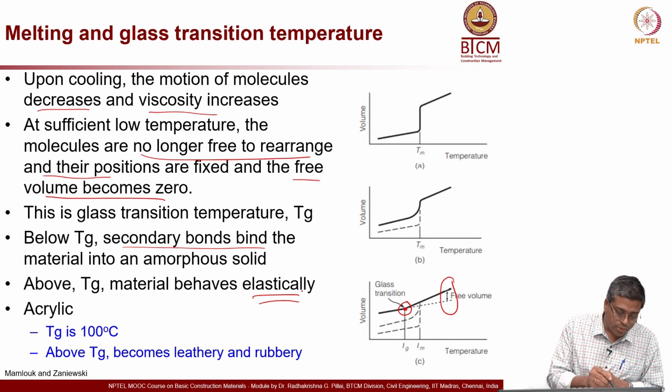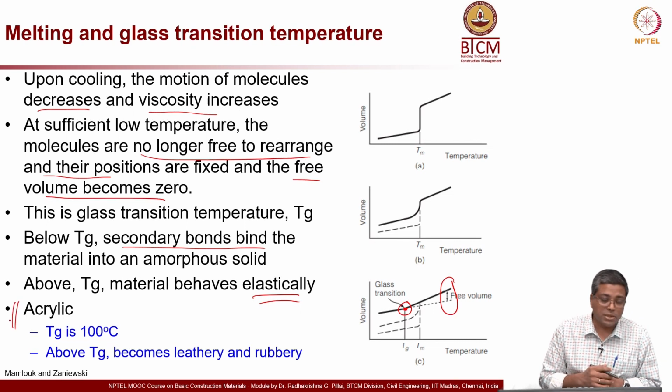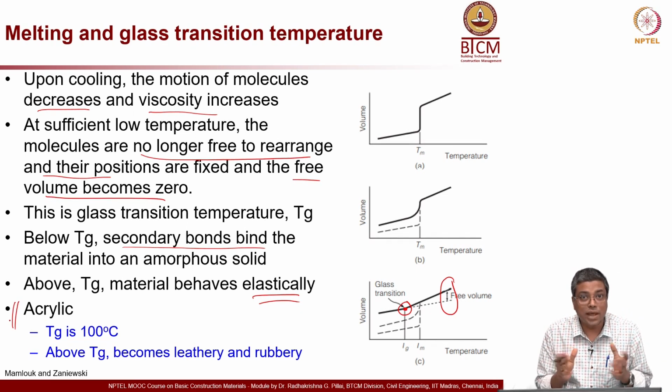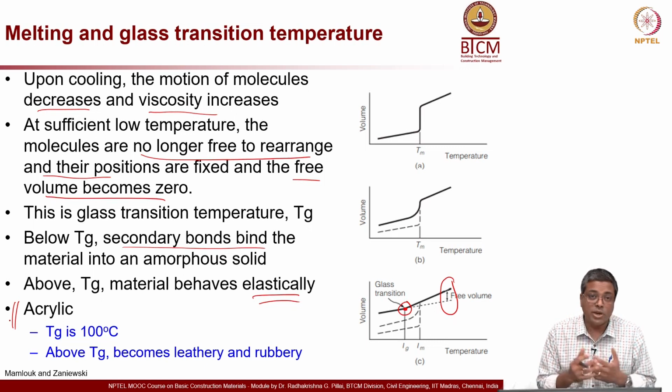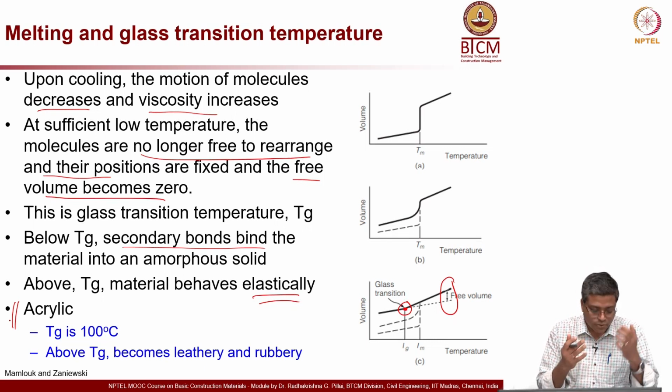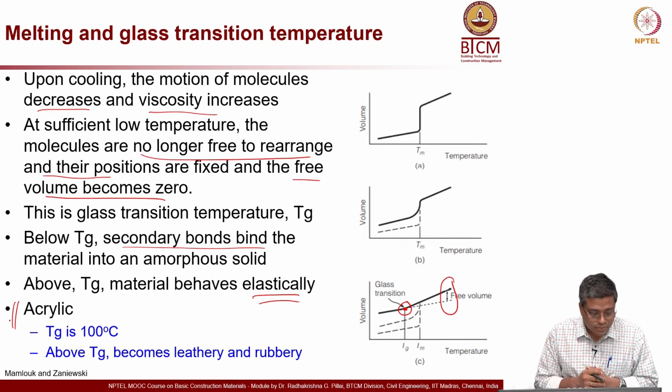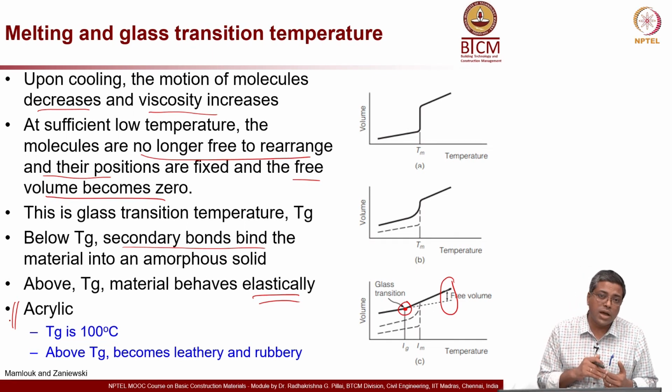Now, for an example, acrylic is the plexiglass or the glass-like transparent sheet which we use in construction. You might have seen it is not glass, but most of it we call acrylic, and it is a transparent sheet widely used in construction where you do not want glass, but at the same time you want transparency.